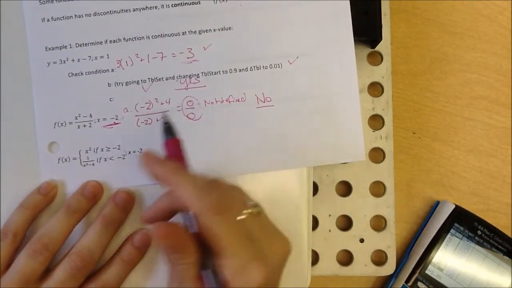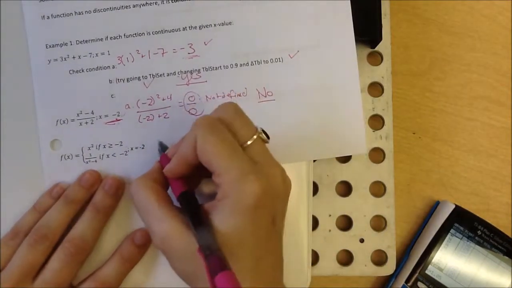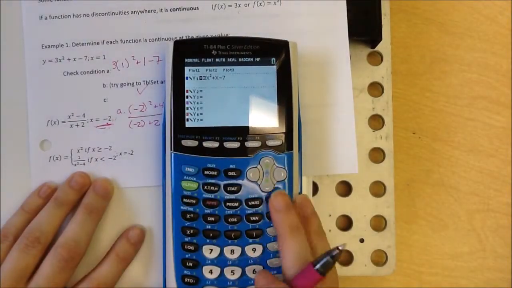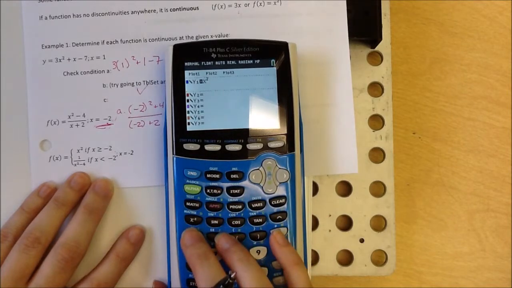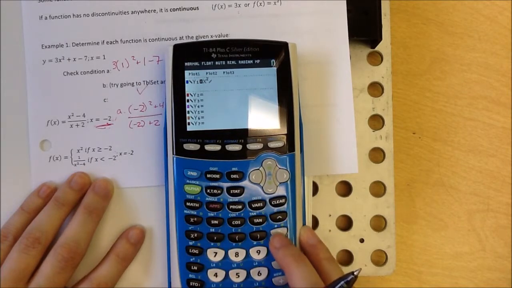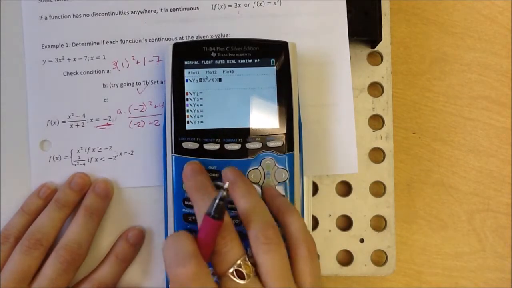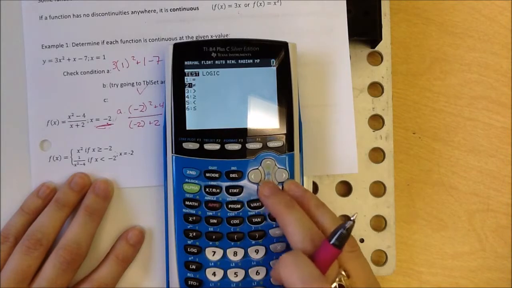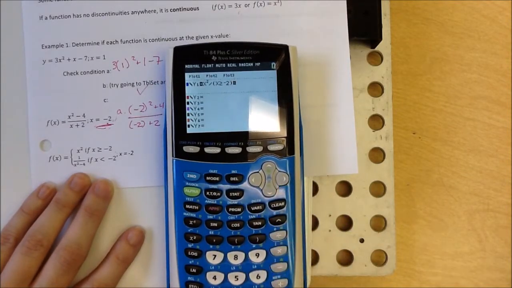This one, you can do a couple different ways, and I'm going to put it in the calculator. You can put in the first function, x squared, use a division for if, put your condition in parentheses, x is, and then second math gets you to the test menu, if x is greater than or equal to negative 2.